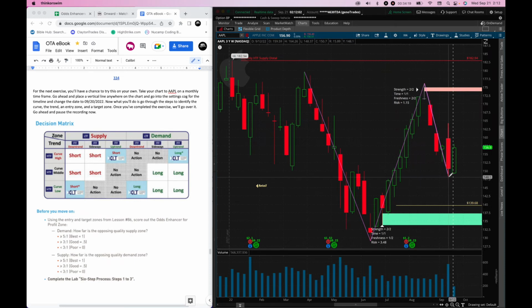And we want to be able to identify the overall move. So rather than going so refined, like from here to there and from there to here and then back up, we want to look at the overall move up here, from here to there, and from there to here, to identify the three most recent segments in order to get an idea of the type of trend that we are in.